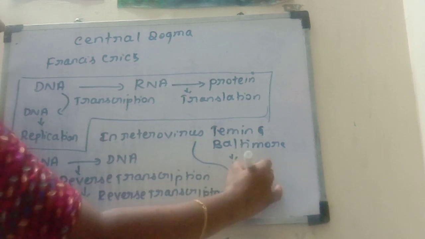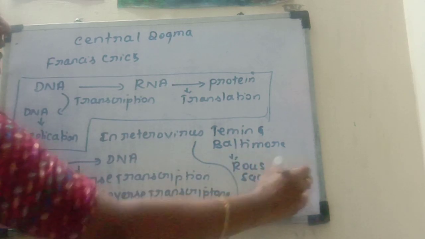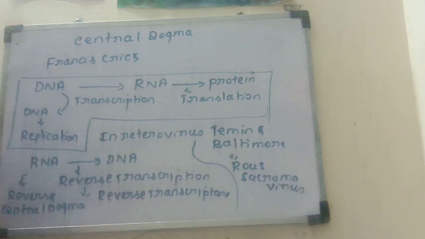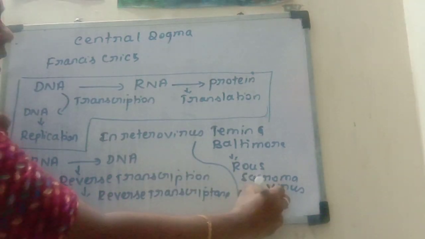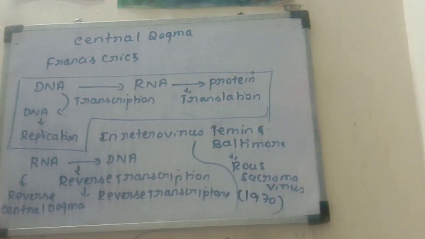Rous sarcoma virus has the reverse transcriptase enzyme. So the flow of information in the reverse direction, that is from RNA to DNA. And for this they were awarded the Nobel Prize also, in 1970. So this process is called reverse central dogma of molecular biology.